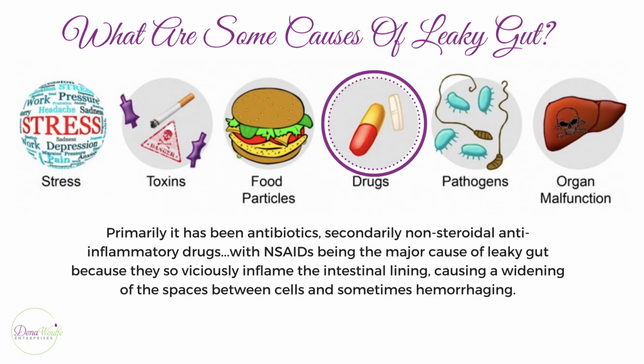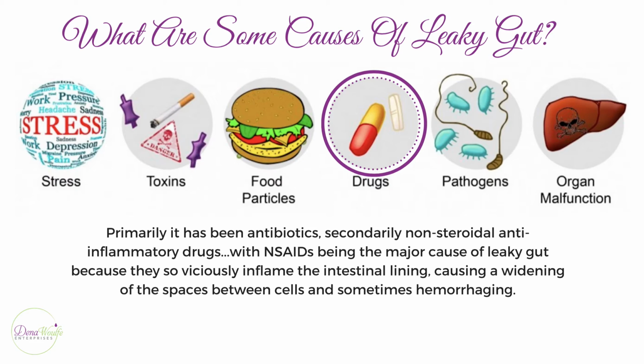Primarily it's been antibiotic use, but secondarily, we've also been using non-steroidal anti-inflammatory drugs very liberally as well. These are called NSAIDs. NSAIDs include things like ibuprofen, Aleve, and naproxen, and they're used for general pain relief for headaches, light pain here and there, or muscle soreness from overuse.